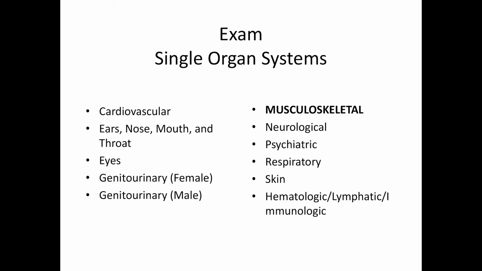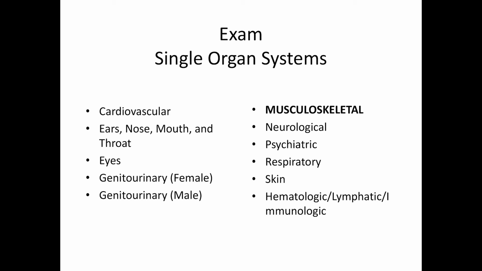Look at 99204 again, please. And you will see that in order to do a 99204, for the exam section, you need to have examined an entire organ system, the whole organ system. These are the organ systems from which you can choose. And every single one of these, except musculoskeletal, in my opinion, has something that completely eliminates it as an option for us.